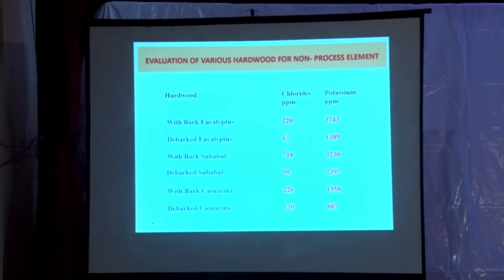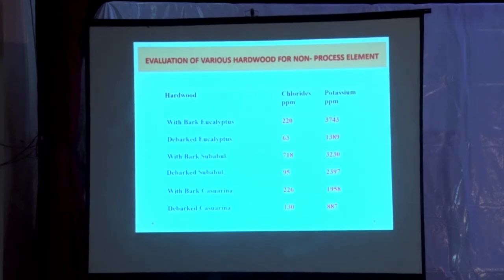If you look here, eucalyptus with bark has potassium of something around 4,000 ppm. But for debarked eucalyptus, we have taken the debarked wood from the same mill; we have not done it efficiently, we have not done it at CPPRI. Both samples were taken from the mill itself.